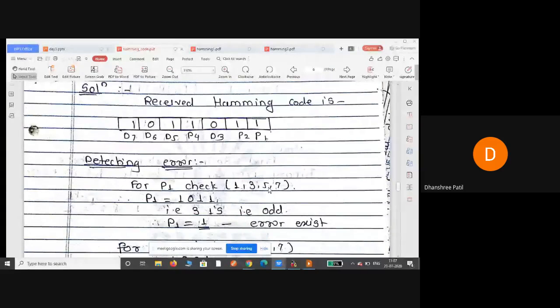P1 is this 1, position 3 is this 0, position 5 is 1 and position 7 is 1. So the combination is 1011. Now the number of ones is 3, which means it is an odd value. 3 is odd. So if odd, the value is 1.